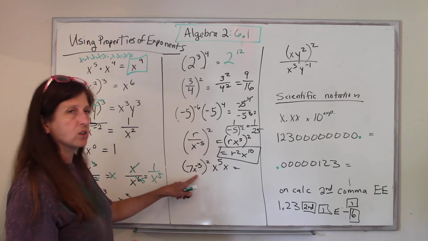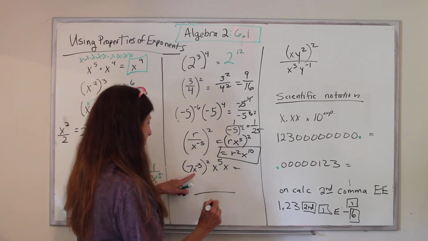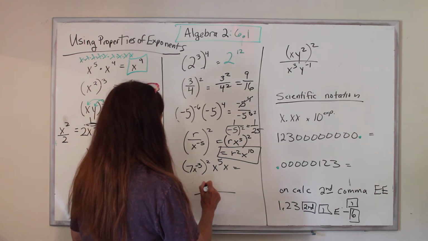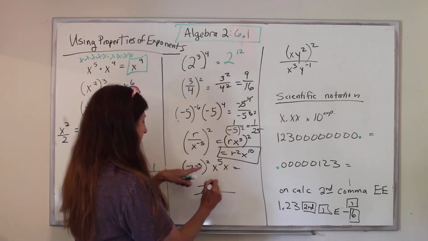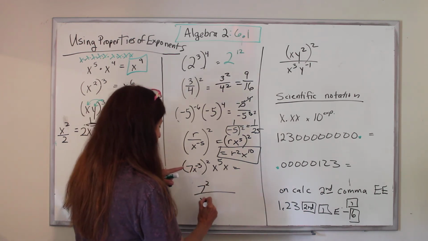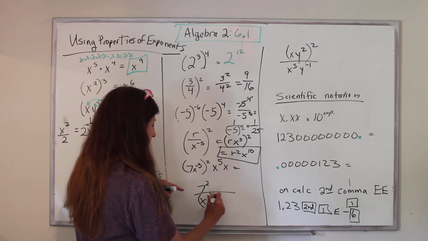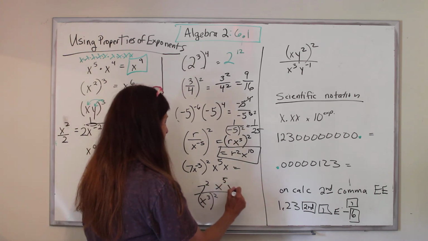So what I'm doing first is I'm going to put this where it goes in denominator land. 7 gets to stay in numerator land, so this is 7 squared, and this is x to the 3rd power to the 2nd power, and then I have x to the 5th and x.